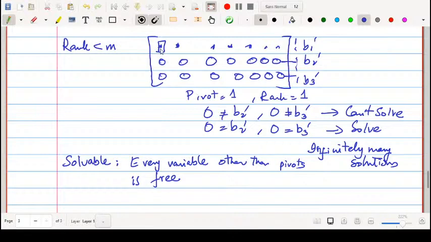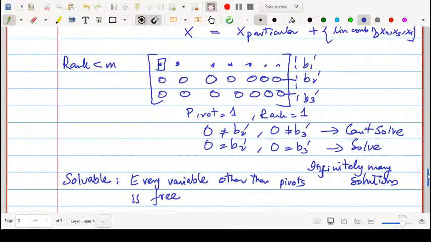So maybe you get one pivot, maybe you can get two pivots, but that depends on the kind of system that you get.